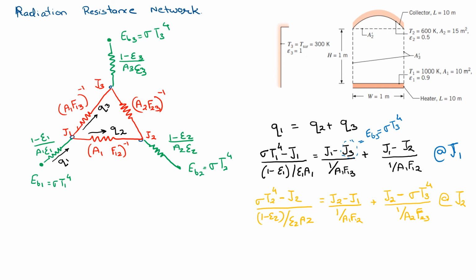So let's see what values we know here. At J1 we know the emissivities, we know the areas, we know the surface temperatures, and we know J3. So let's plug in those values and see what equation we get.